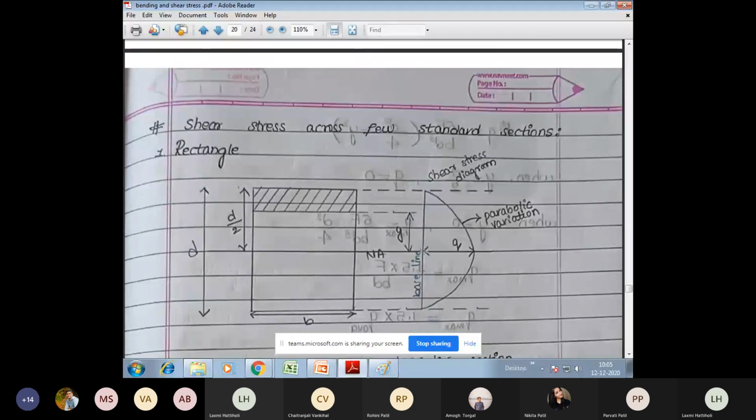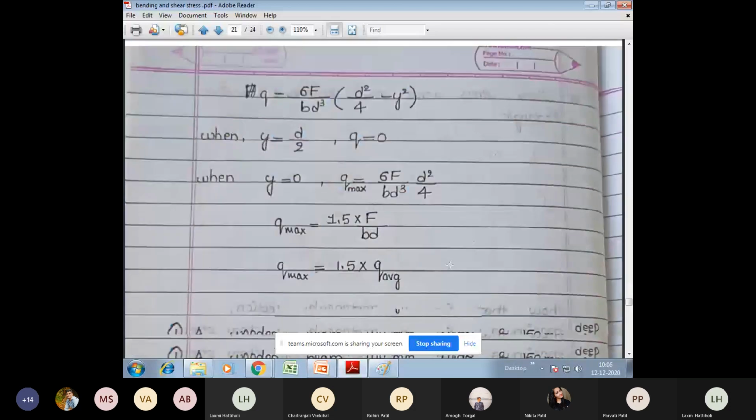From the baseline, you got to know that at the ends, the shear stress is 0. So mark a point. And you got to know that at the center or at the neutral axis, the shear stress is maximum. So now simply join this. And also observe carefully, I have joined it with the help of a curved line. Why a curved line? Because observe this formula.